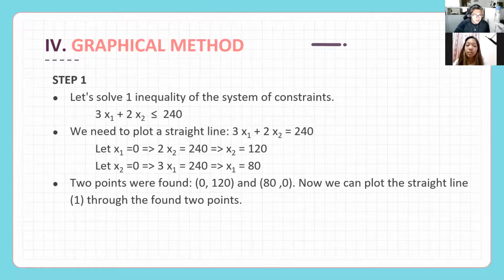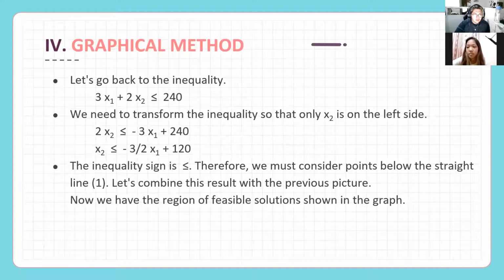Let x sub 2 equal 0, then 3x sub 1 equals 240, so x sub 1 equals 80. Two points were found, (0, 120) and (80, 0).